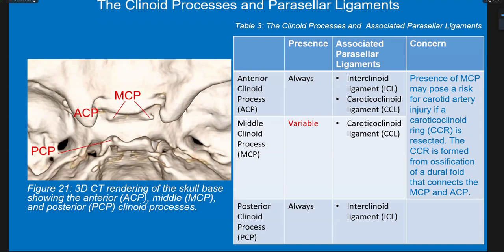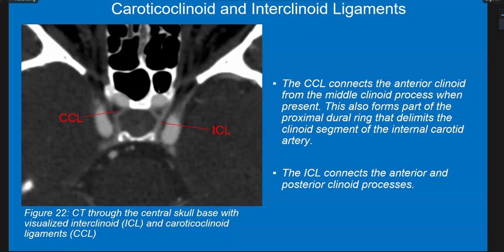So the ligament that connects the anterior and the middle clinoid process is the carotidoclinoid ligament. The ligament that connects the anterior to the posterior clinoid process is the interclinoid ligament. And again, this can ossify and form a bony bridging. So here's an example of a CT.